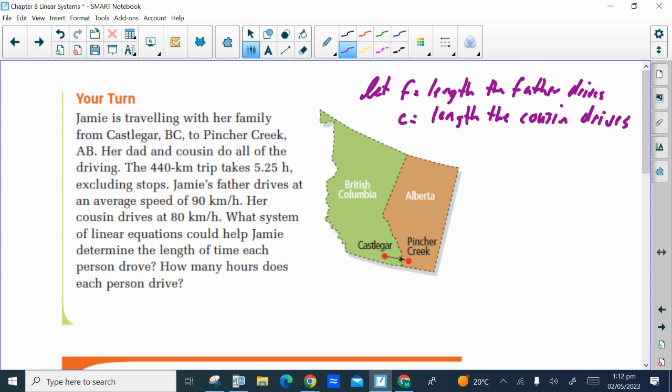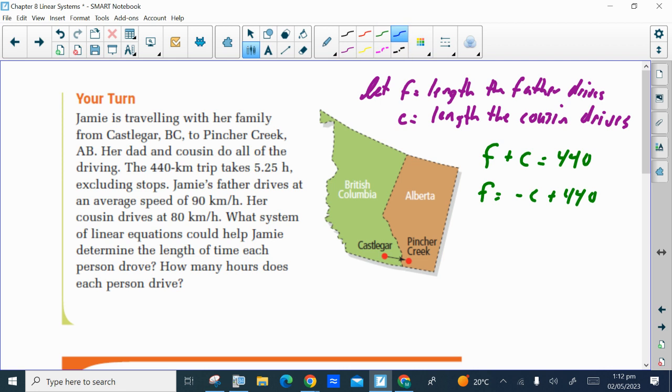The first equation is fairly simple to write. The total trip is 440 kilometers. So F plus C will equal 440. And we need to get one of the variables by itself. It doesn't matter which one. Let's get F by itself by subtracting C from both sides. That's what it looks like.